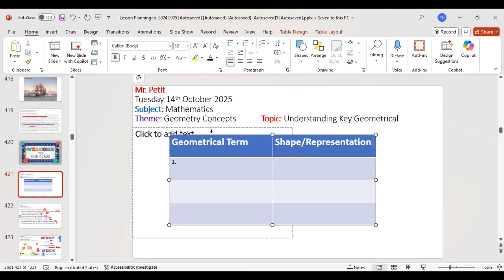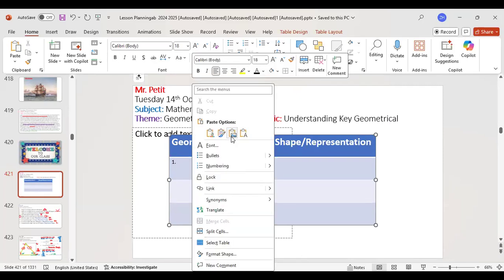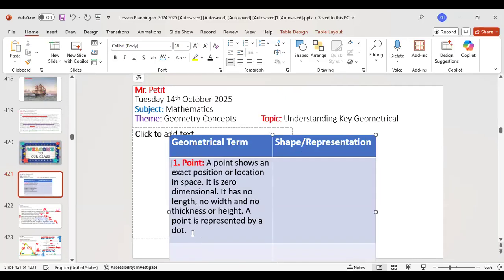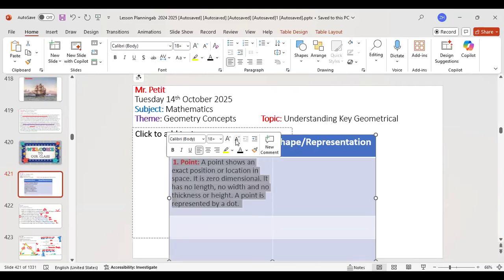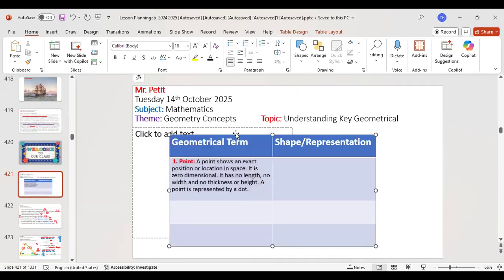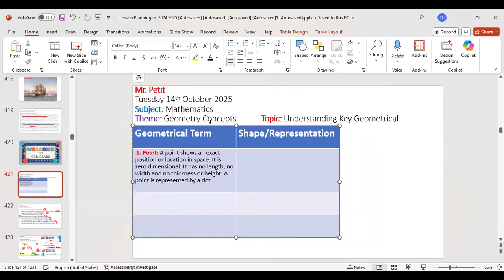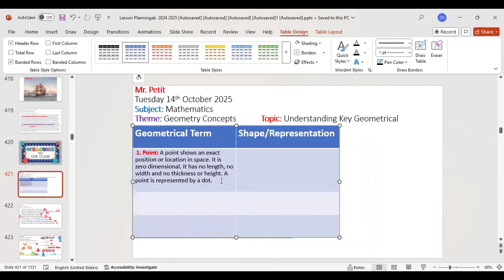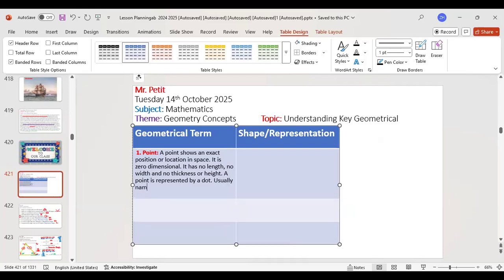Okay, so the first one is a point. So it is represented with a dot, and it is usually named with a what? Capital letter. So that's a point.